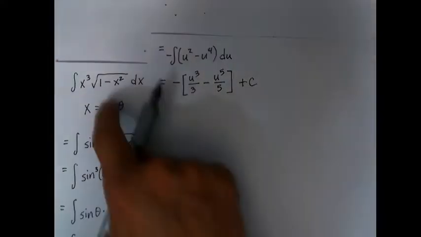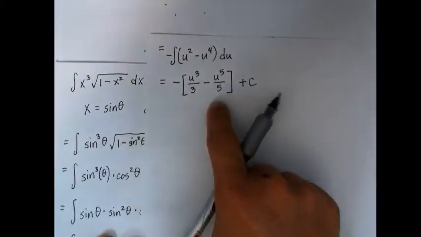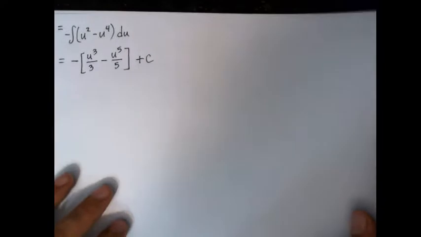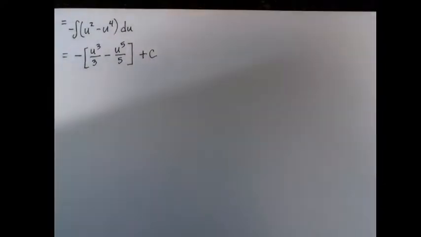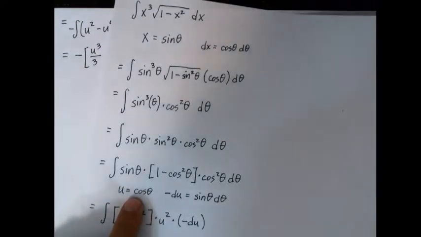Well, this is in x and this is in u, so we need to back substitute. The first place to back substitute is to theta, and we said that u is cosine theta.